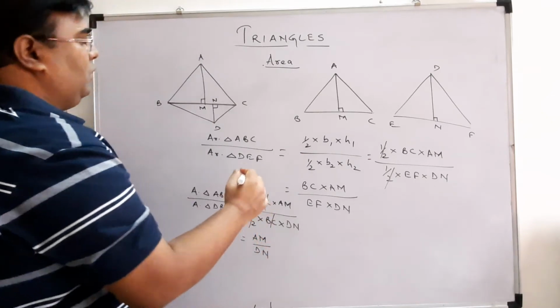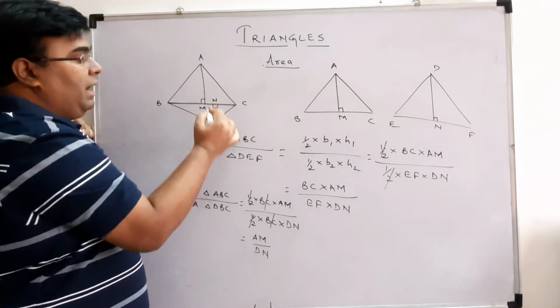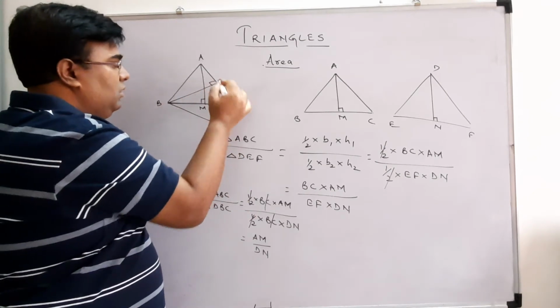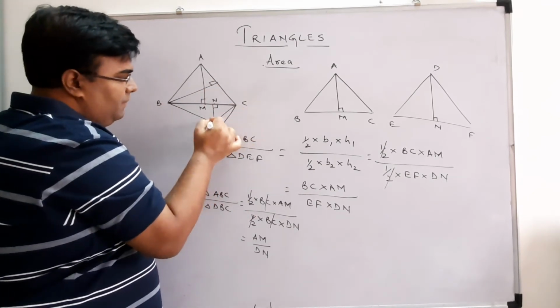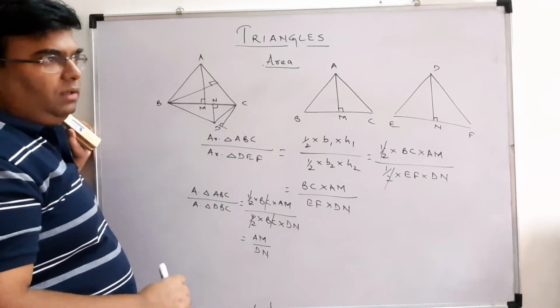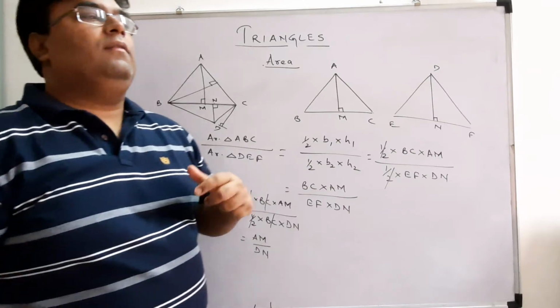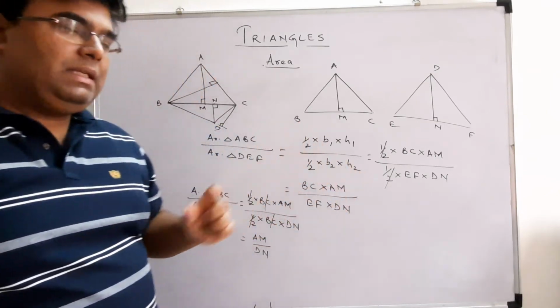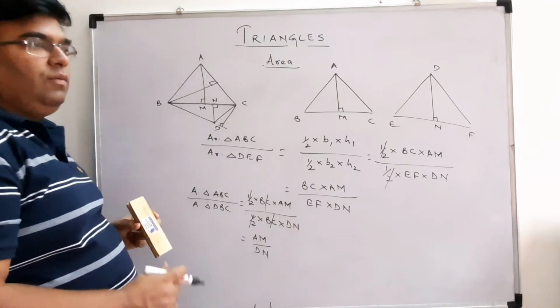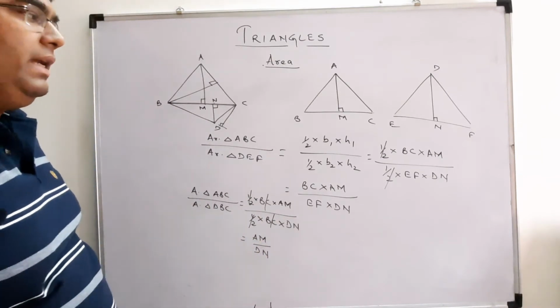If suppose these two perpendiculars, AM and DN, were given, then we cannot take the common base. So in the formula of area, if the base is common, then we can cancel the base and the ratio will be only the ratio of heights.